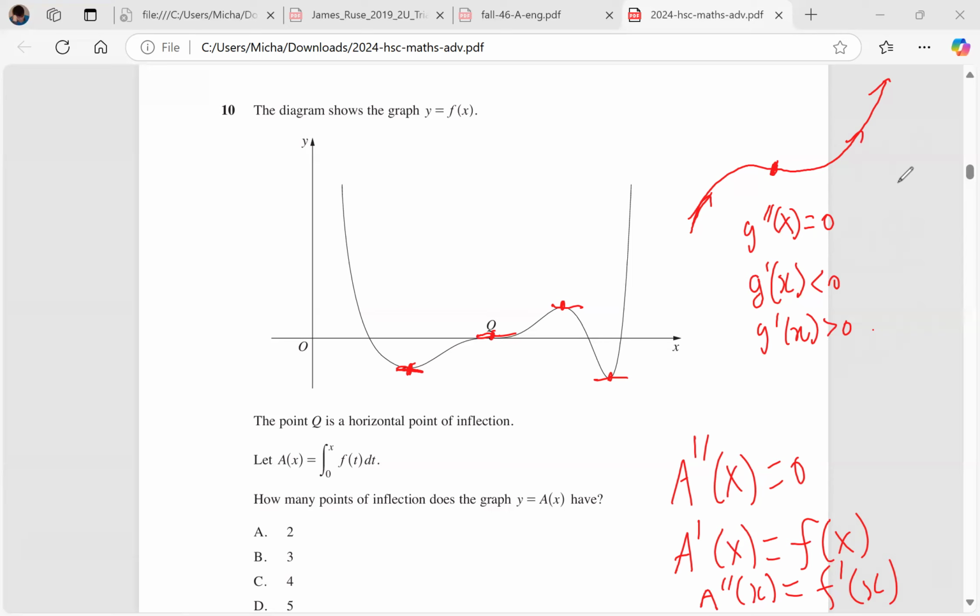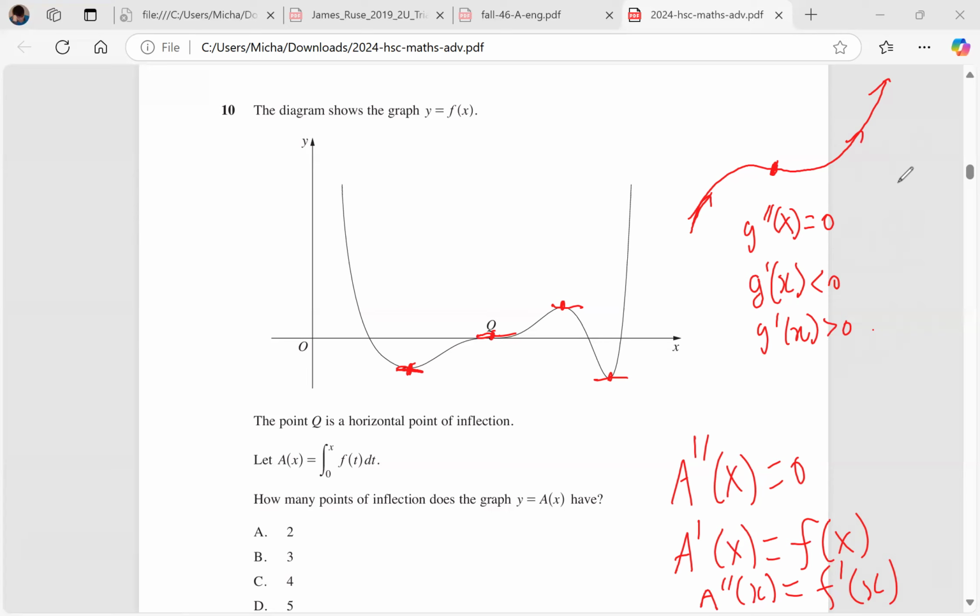The derivative is 0. The original thing's changing signs. Something doesn't seem right.